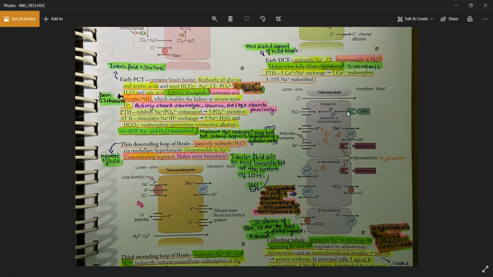ADH inhibitors: tolvaptan, conivaptan, all these vaptans, remember? Yes. So do remember all these names, very important. Pressins for the analogs and vaptans for the antagonists.